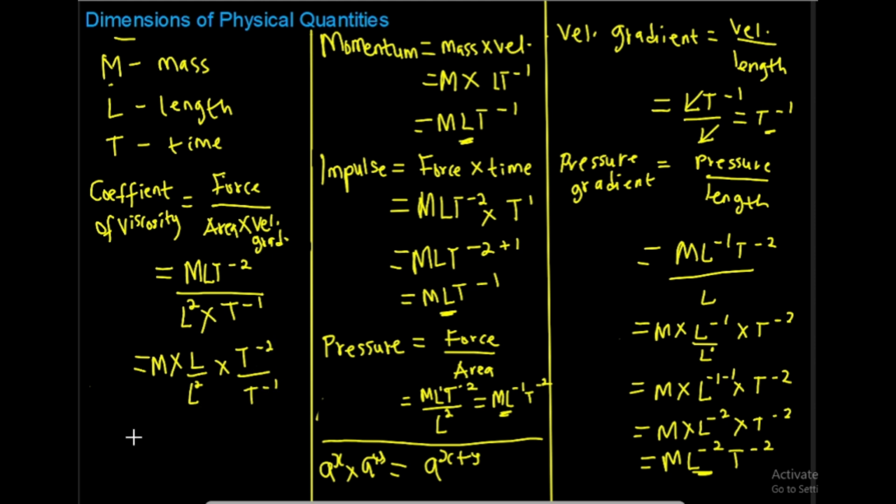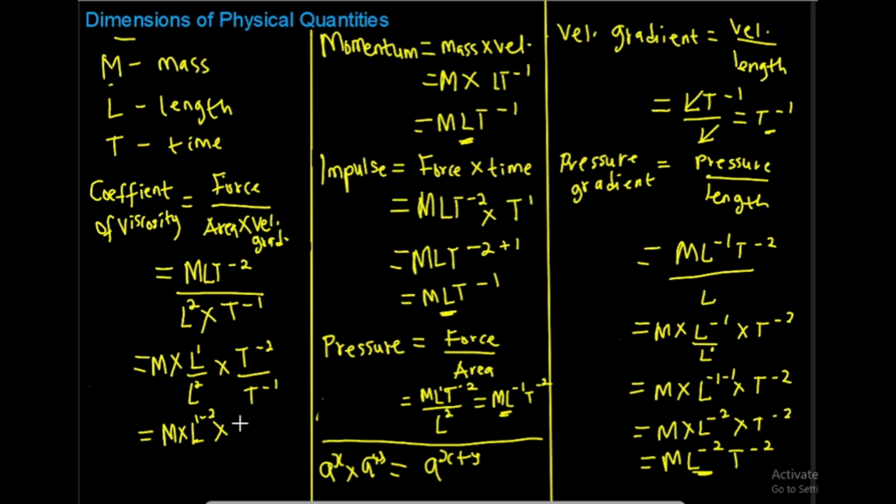So that will give us coefficient of viscosity to be M times, we can apply our laws of indices here. The bases are the same, so take one of the base and subtract the powers. The power here is 1, the power here is 2. The base here is L, the base here is L. So we say L raised to power 1 minus 2, which gives us minus 1. Then times, again, we can apply it here.